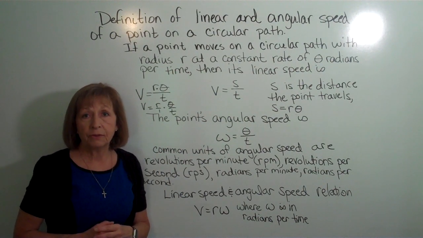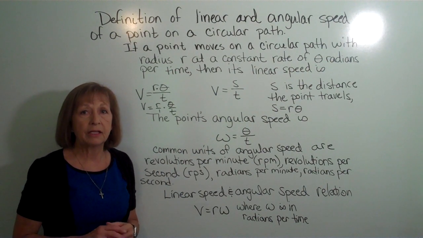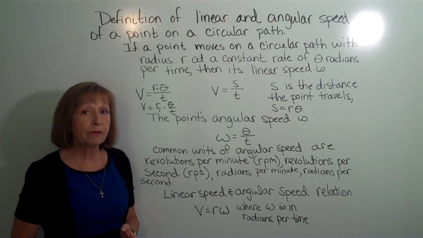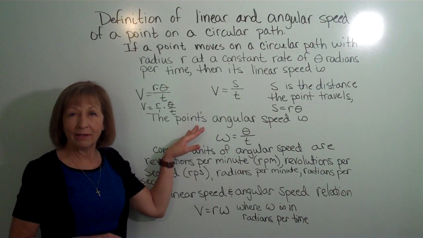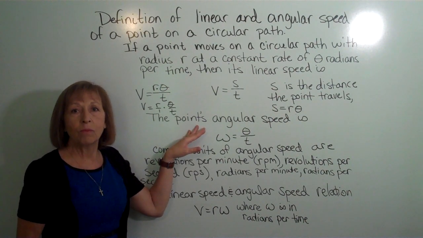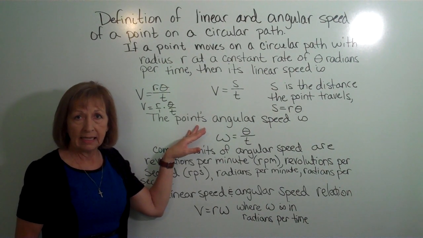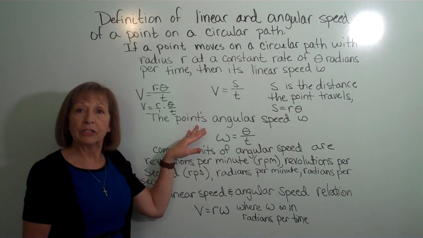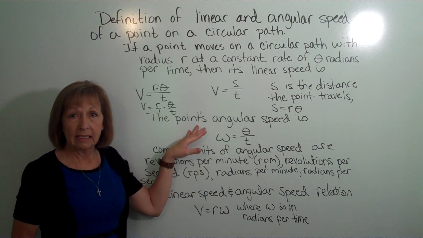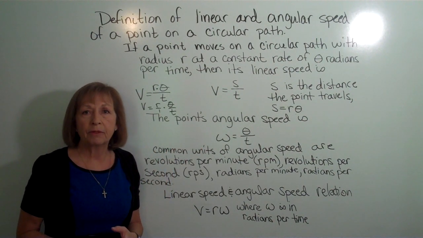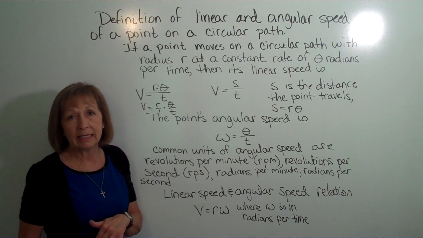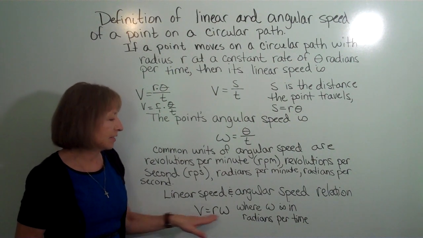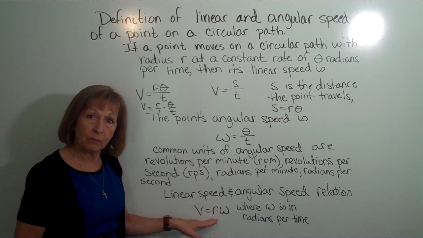So now what we're going to do is clear the board and then do some examples. The first examples I'm going to do are going to be connected with, what if I want the angular speed in a different unit than it currently is. So in the setup of the problem, they're not giving me a linear speed and an angular speed and asking me for the radius, or two of these three components asking me for the missing one.